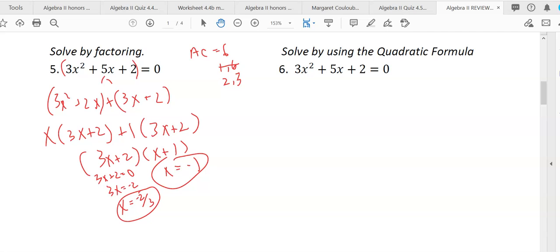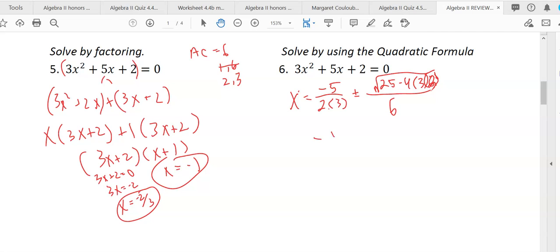Then solve using the quadratic formula. That would be x equals the opposite of b, so opposite of 5, over 2 times 3, plus or minus square root of 25 minus 4 times 3 times 2. Oops, that's a 2. So that's 6 times 4 is 24.